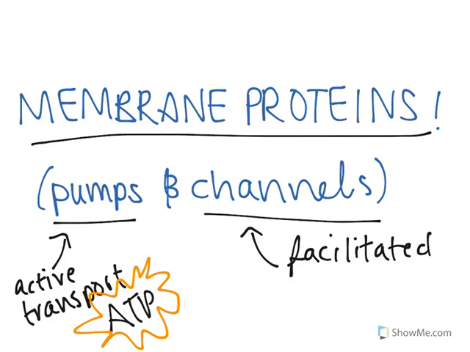So these channels still follow the rules of diffusion, where it goes from high concentration to low concentration. But alternatively, they help out, say, maybe polar molecules and larger molecules enter the cell. So those are the important points about phospholipid bilayers.